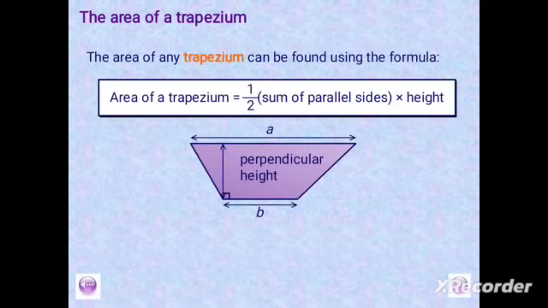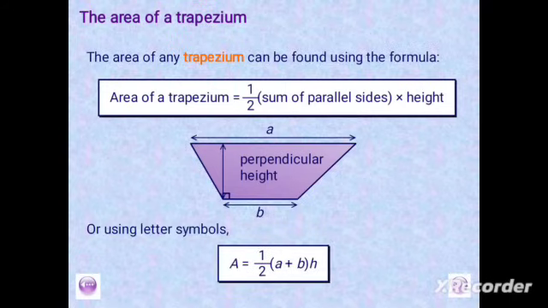Now, moving to the area of a trapezium, the area of any trapezium can be found using the formula. Area of a trapezium is given by a half into the sum of parallel sides times height. So the diagram below is a trapezium with the two parallel sides labeled A and B, and of height H, that is the perpendicular height.